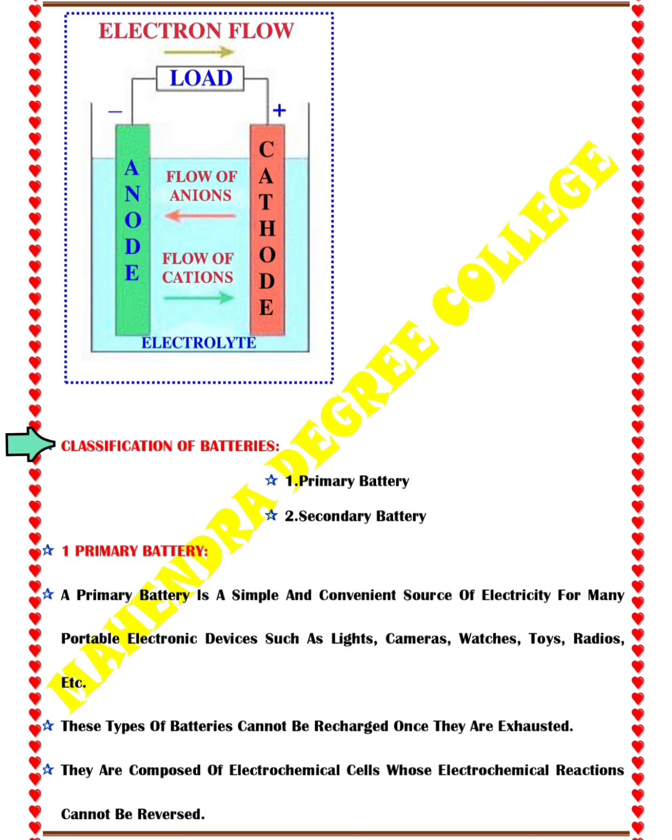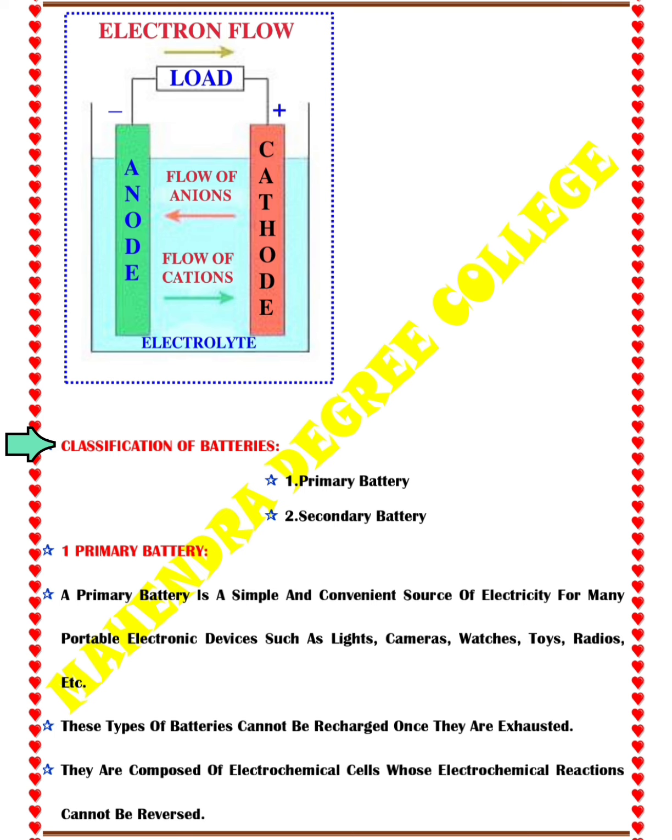Next, a simple explanation of the classification of batteries. First one, primary batteries. Second one, secondary batteries. Primary batteries means non-rechargeable, used once and discarded.